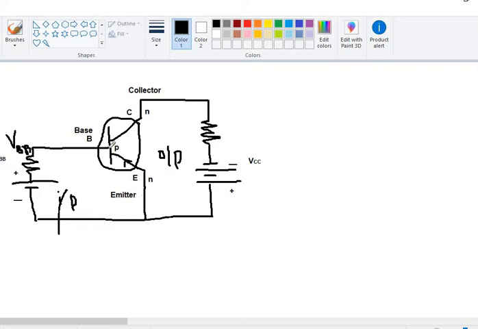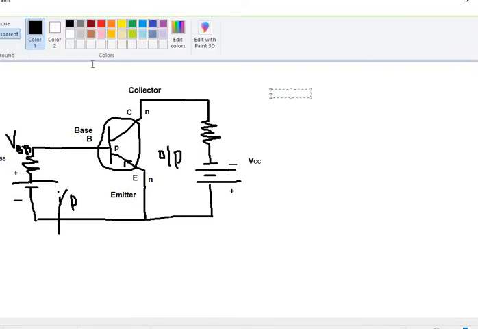So this is known as common emitter mode.